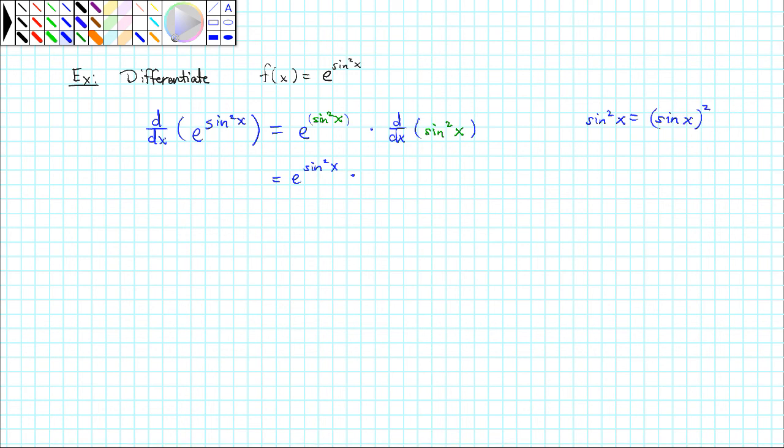The derivative of the squaring function is 2 times the input, and then we have to take the derivative of that input, which is sine of x. So now this is e to the sine squared x times 2 sine x, and the derivative of sine x is cosine x.